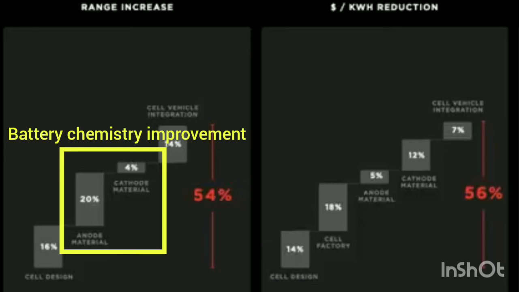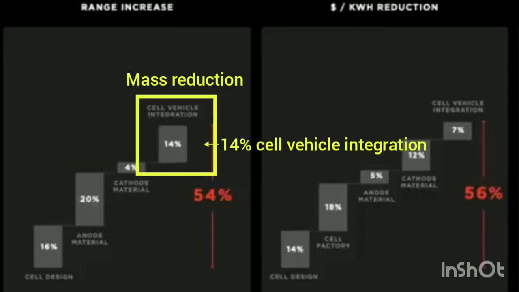Battery chemistry improvement gives 20% of range increase by anode material and 4% of range increase by cathode material. And mass reduction gives 14% of range increase, which is written here as cell vehicle integration.